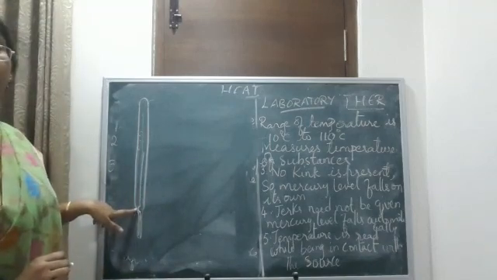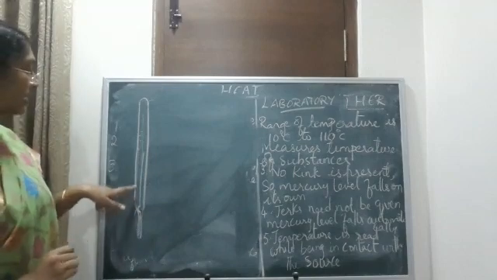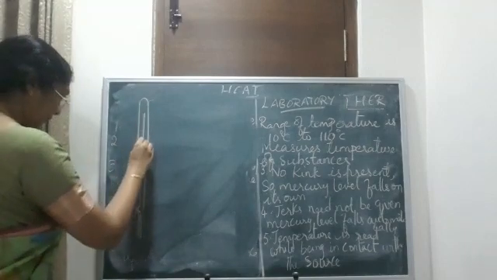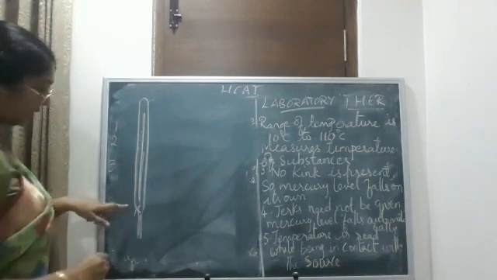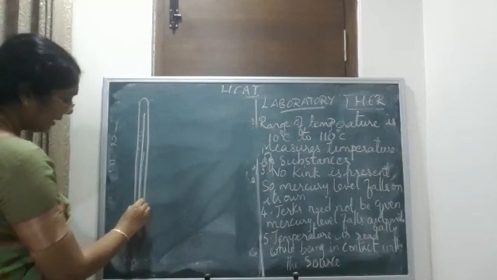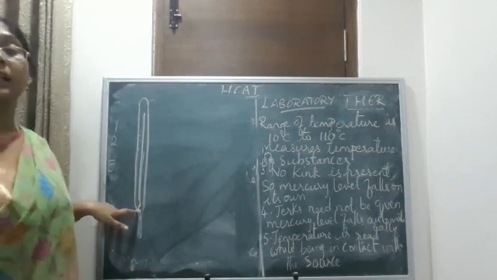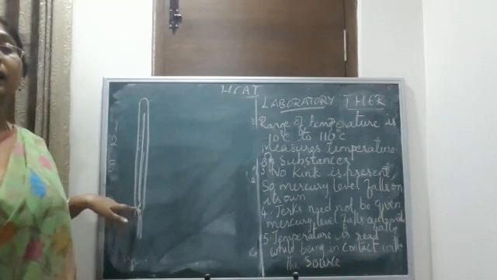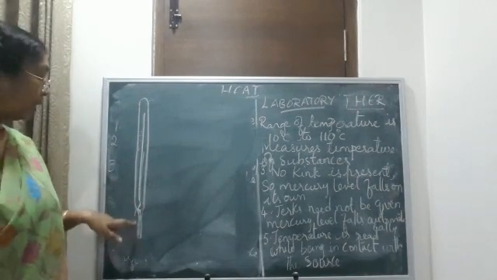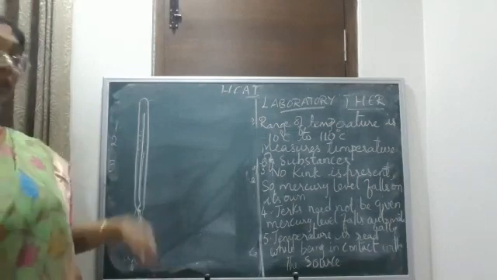It is because of this kink that the mercury level will not fall down unless you give it a jerk.